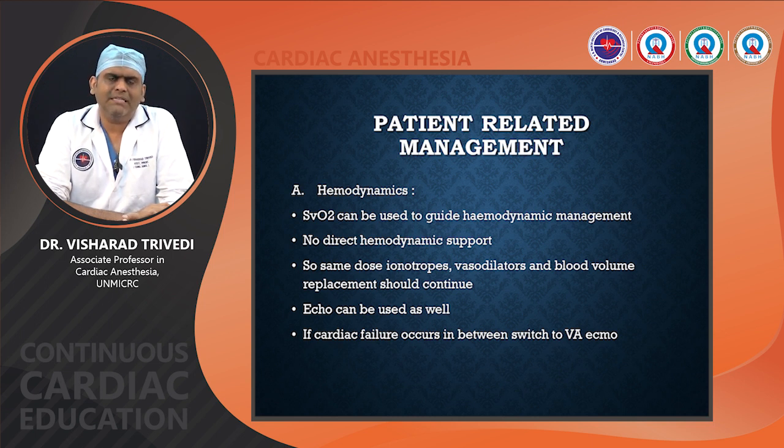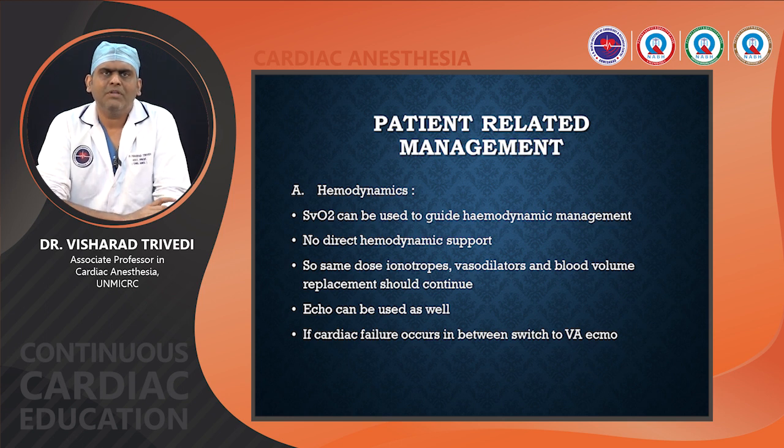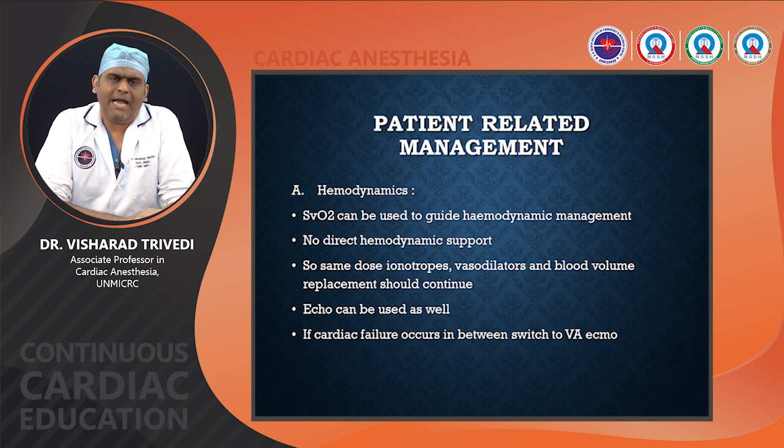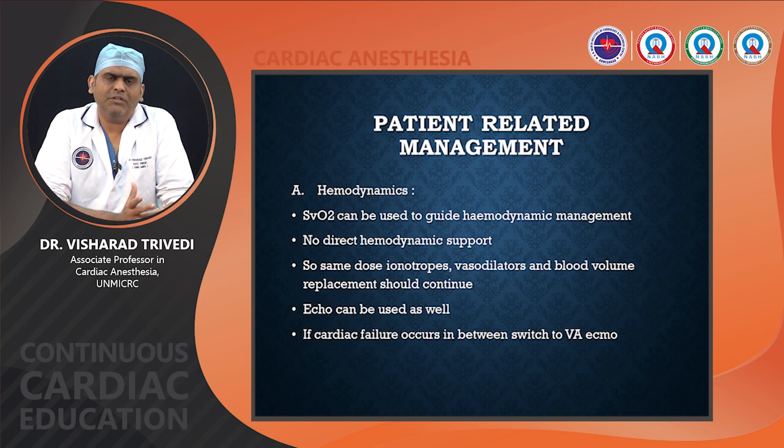Now these are all the circuit related management. Now we switch our attention towards the patient related management, how we should manage the patient while the patient is on Veno Venous ECMO. First and foremost, you have to maintain the hemodynamics. As we learned in the previous lecture, Veno Venous ECMO is not providing any support to the hemodynamics. So your inotropes or supports for the arterial pressures and cardiac pressures should not be stopped as in Veno arterial ECMO.